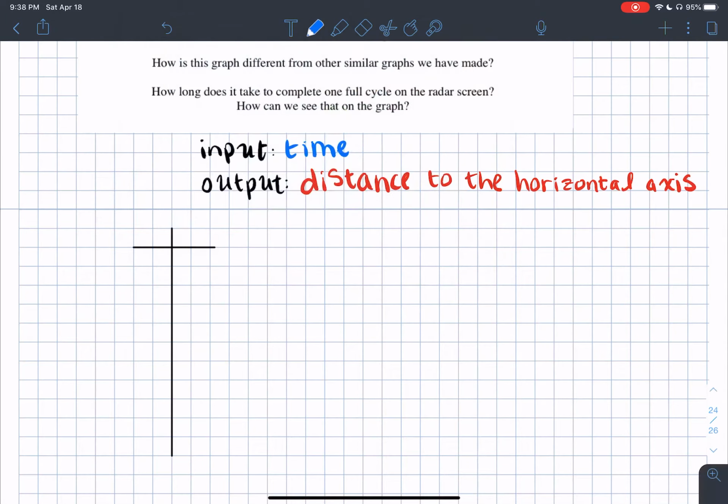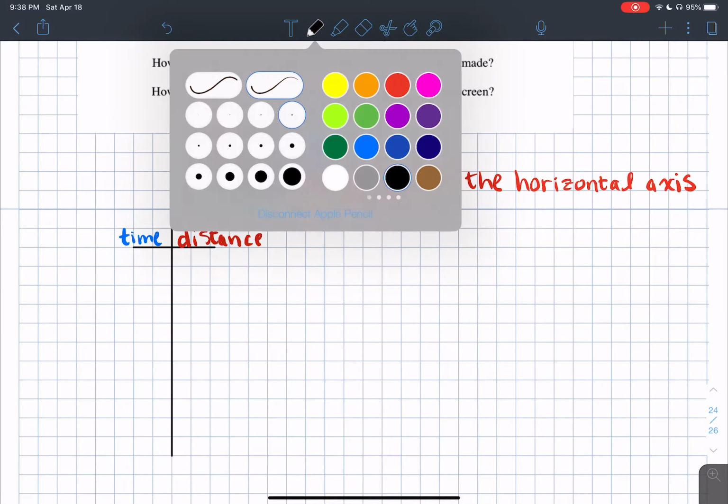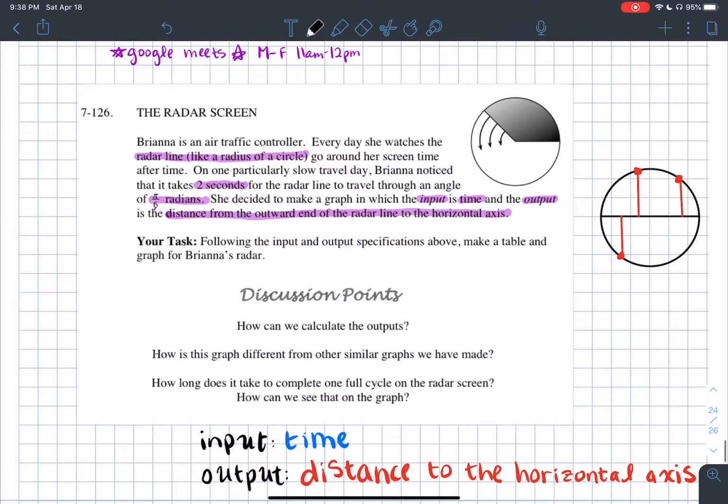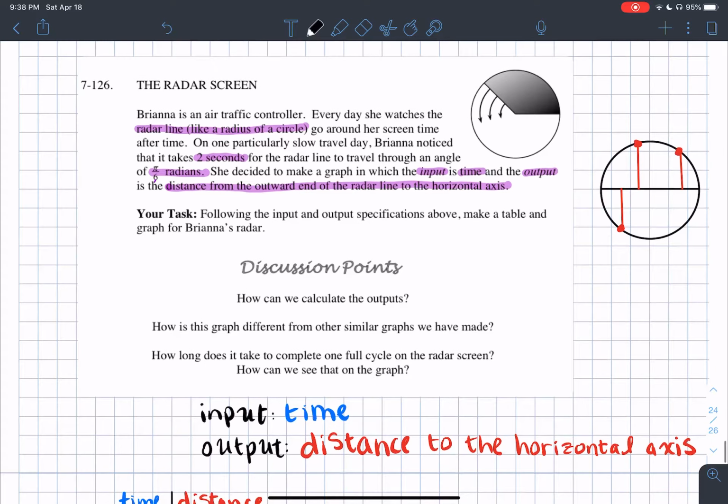We know that time is our input, and let's just say distance, to save space, is our output. Think about how you could fill in this table with inputs and outputs for Brianna's radar. What are the possible times we can use? And for those times, what's the distance to the horizontal axis, or how can we find it?